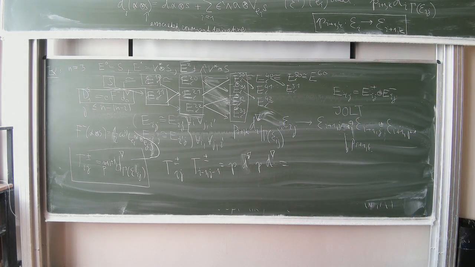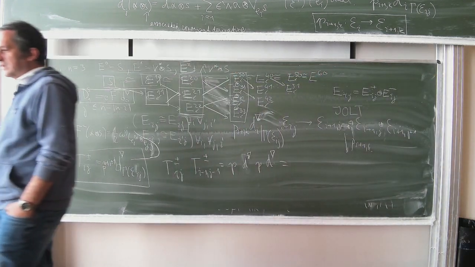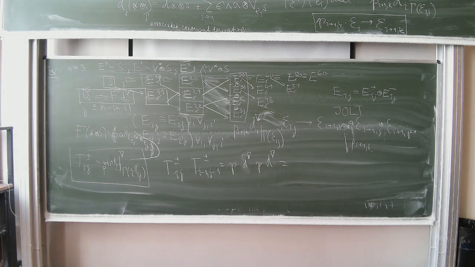So one shall know the formulas for the projections. I think to know formulas for the projections is by no way easy. I said it in this way, but one can do several takes.